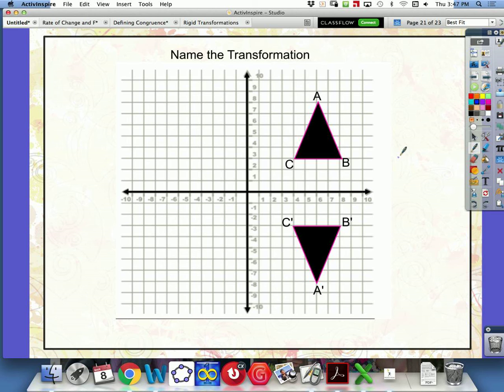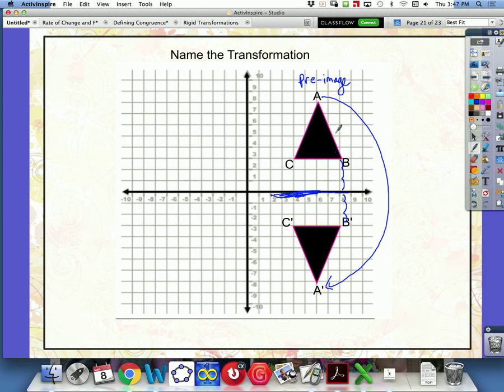In this example, I see my pre-image is up here still. But now I can see that here my A is on top, but down here my A is on the bottom. So if I think about it, if I was looking in a mirror, this shape and this shape are mirror images, and each one is the same distance away from my mirror line here.